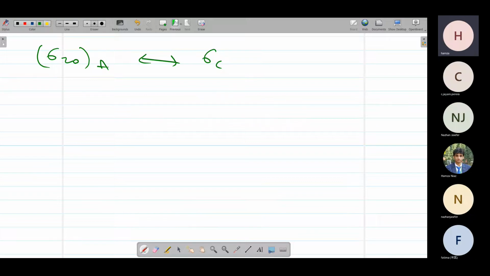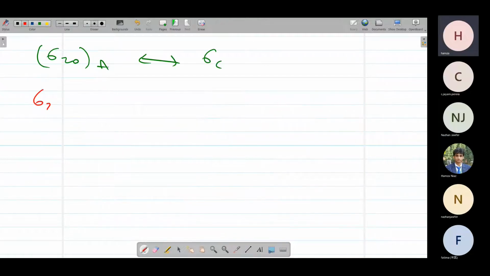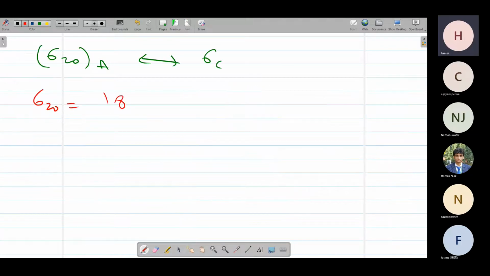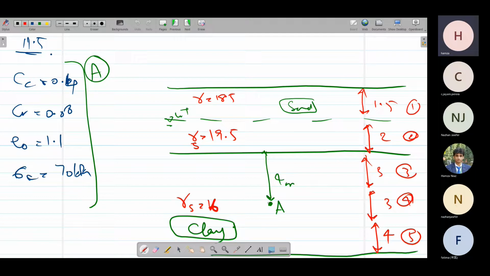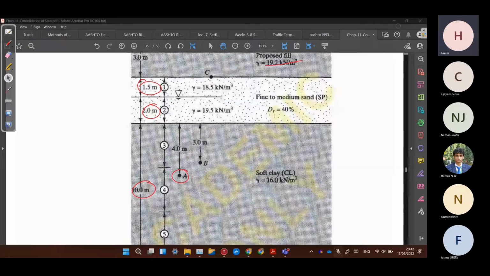If sigma z naught is very much less than sigma C, we can call it overconsolidated. First we find sigma z naught at A. It is equal to 18.5 into 1.5 for the top layer, plus gamma submerged, which is 19.5 minus 9.81 into 2, plus 16 minus 9.81 into 4, because A is at 4 meters. If we calculate this value, we get something very close to 70, I think 68 or something.